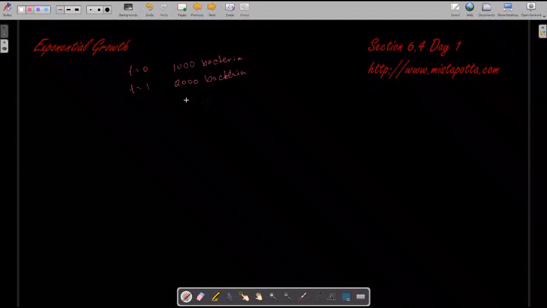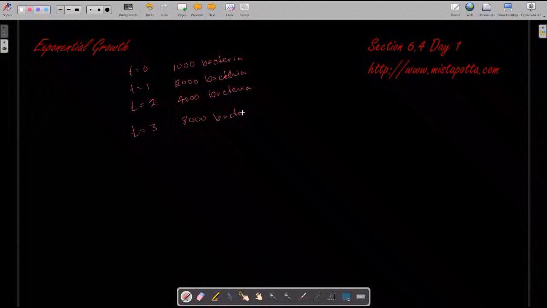And if those 2,000 bacteria double again the next hour, at t equals 2, we have 4,000 bacteria. And at t equals 3 hours, we end up with 8,000 bacteria. And at t equals 4 hours, we have 16,000 bacteria.